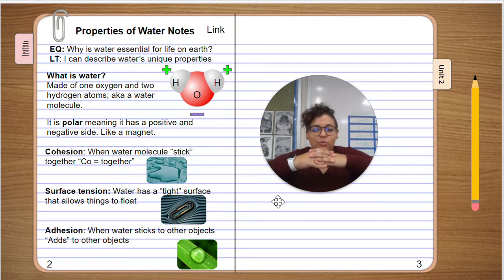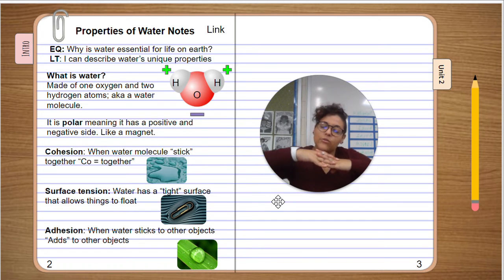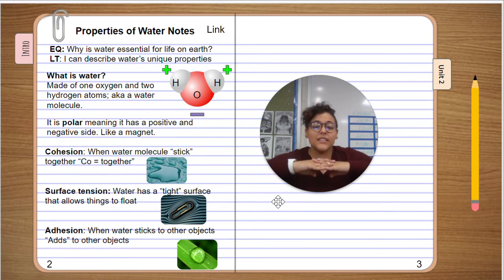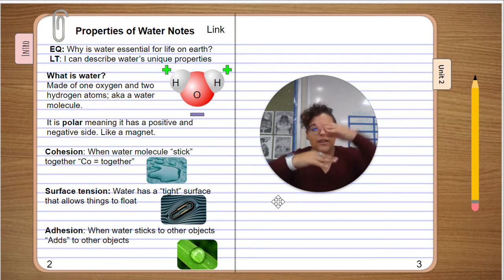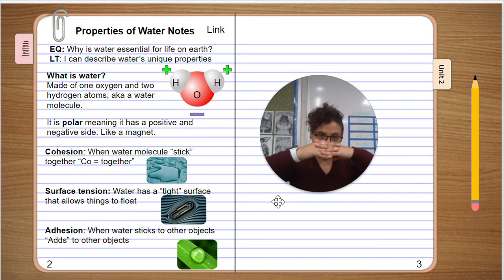So because water sticks together, it's really tight at the top, and that's why a lot of things float in water, right? And we'll talk about what that means later on, but that tight surface allows light things like paper clips and a leaf and other things that when they fall on water, they float on top, because it has this like tight net that's keeping it up, keeping it from going down.